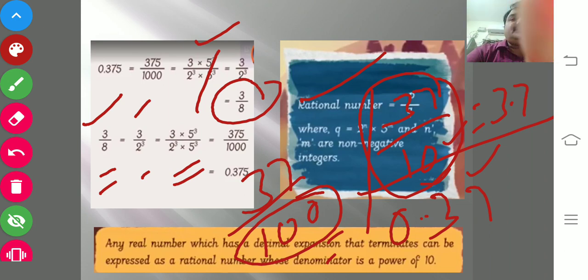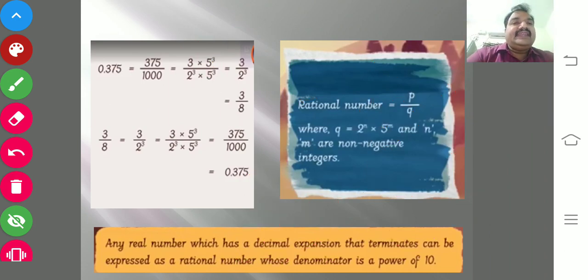So what I mean to say is, any real number which has a terminating decimal expansion can be expressed as a rational number whose denominator is a power of 10.